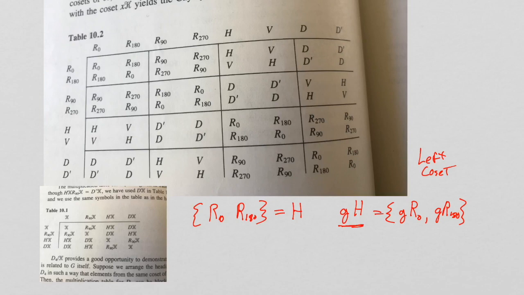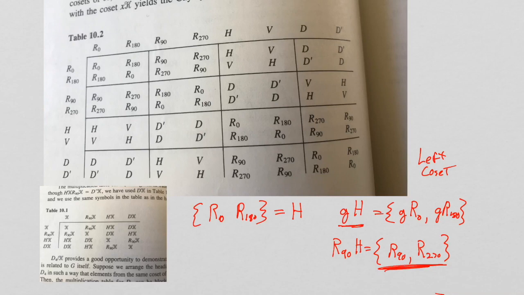So, for example, I could find the left coset associated with R90. So I'm looking at R90H, and I would get R90 times R0, which is R90, and then R90 times R180, which is R270. So R90H is this set here. And that set is clearly not a group at all.